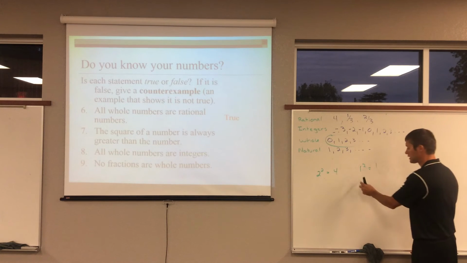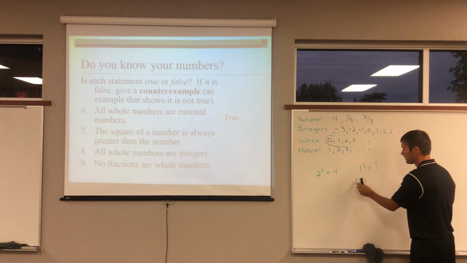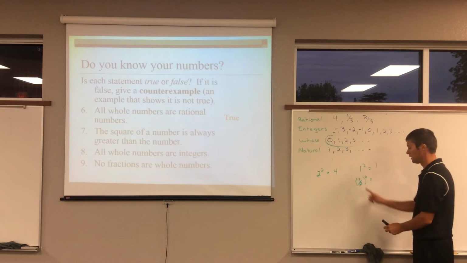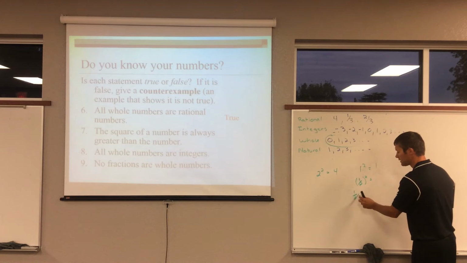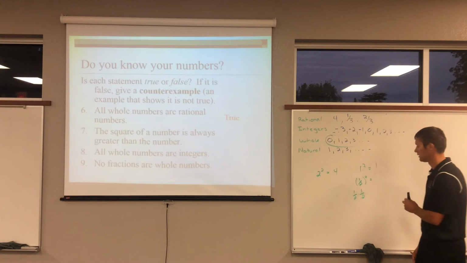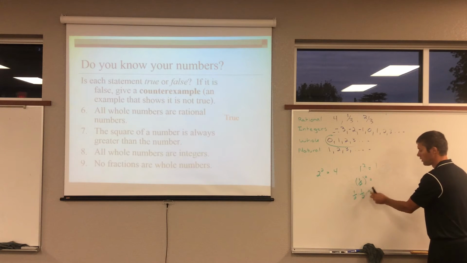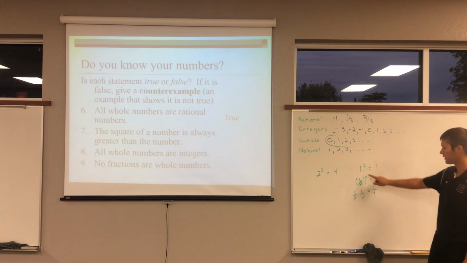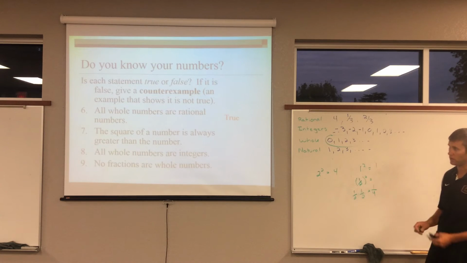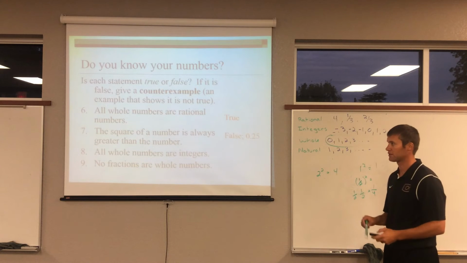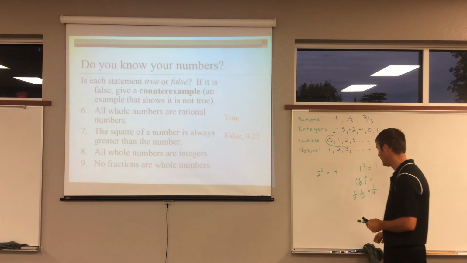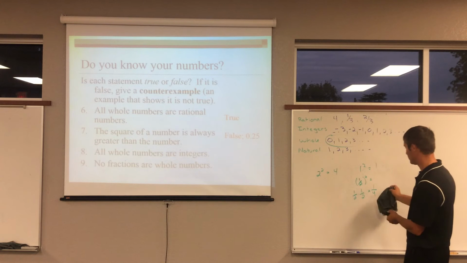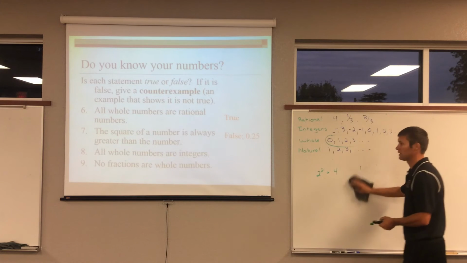No. You could take 1/2 squared, which is 1/2 times 1/2. 1 times 1 is 1, 2 times 2 is 4. Is 1/4 greater than 1/2? No. So it's not always the case that the square is greater. You could say 1/2, 1/4, or 1. Any of those would be counterexamples.